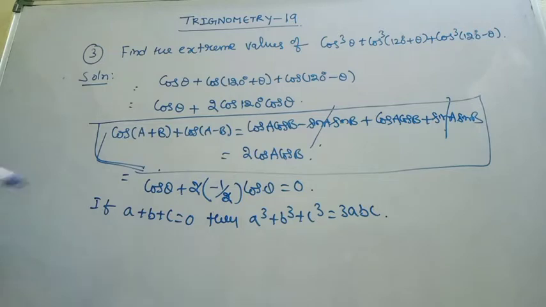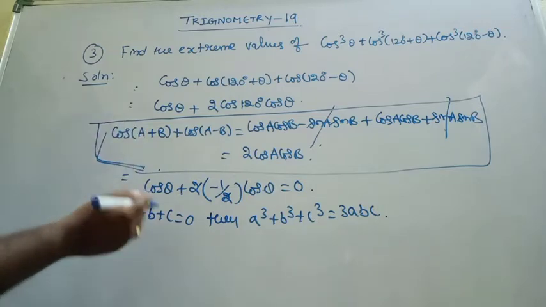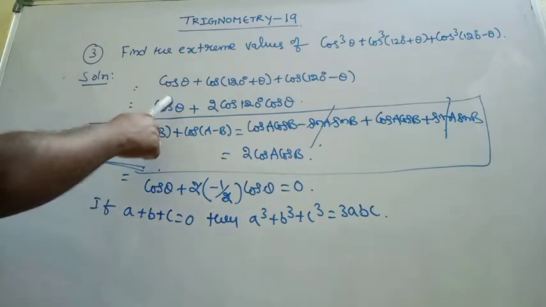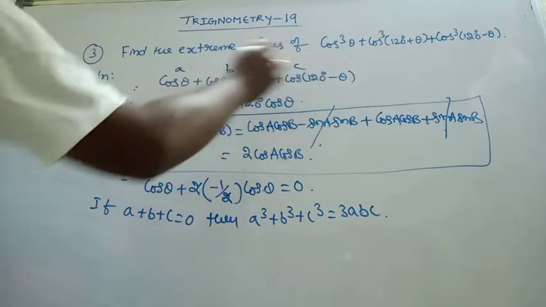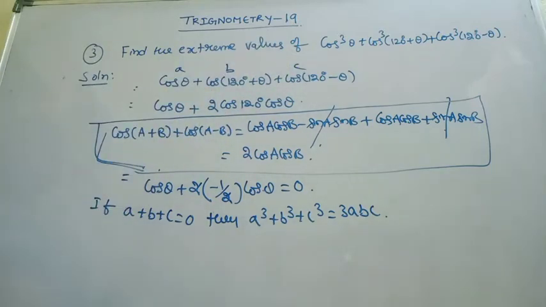My dear students, if you take cos theta as A, and the other two terms as B and C, then we get A plus B plus C equal to 0.